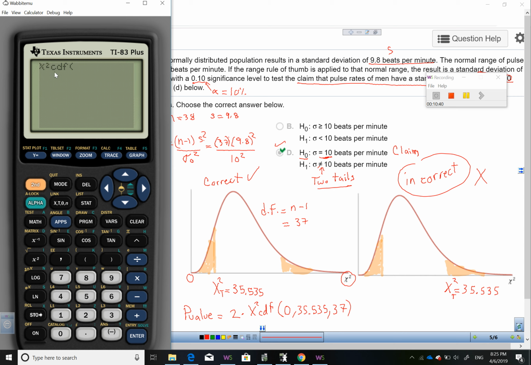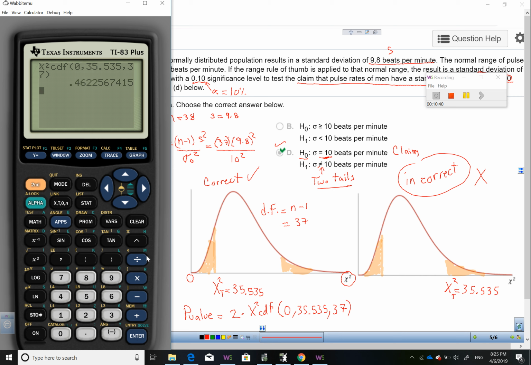Make sure it says chi-square CDF. In this case, the lower limit is 0, comma 35.535 is the upper limit, comma degrees of freedom is 37. You need to type 37 as well, and close the parentheses.